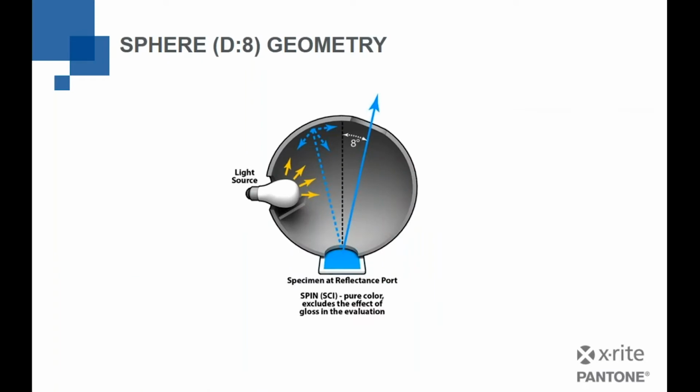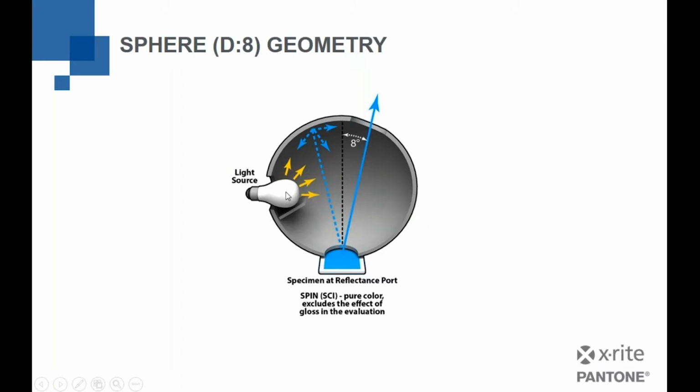Contrast that with what's called a sphere geometry, or D8. Just like in a 45-0, the first part of the designation is where the light's coming from. So for a sphere, we get a letter, not a number. The D means that it's a diffuse illumination.